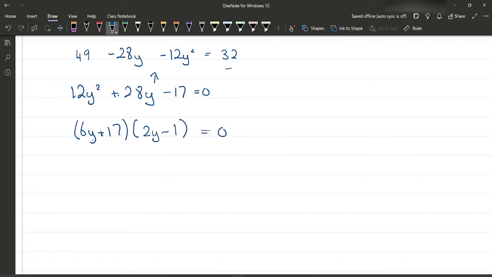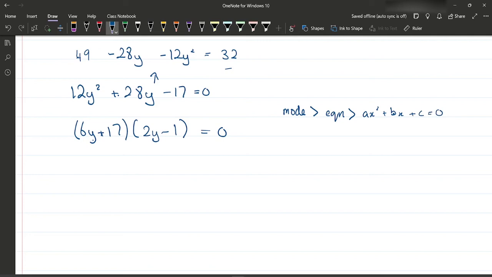You will learn how to factor quadratics later on, but you can use your calculator for this. You go to mode, equation, then you click on the one that says ax squared plus bx plus c equals 0, and then you enter in your values.